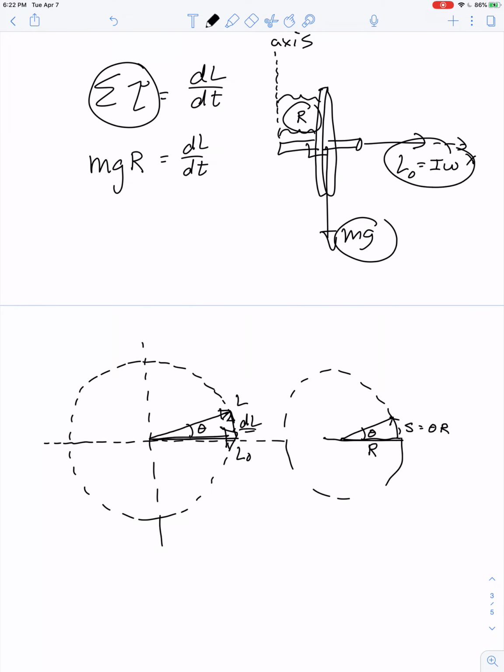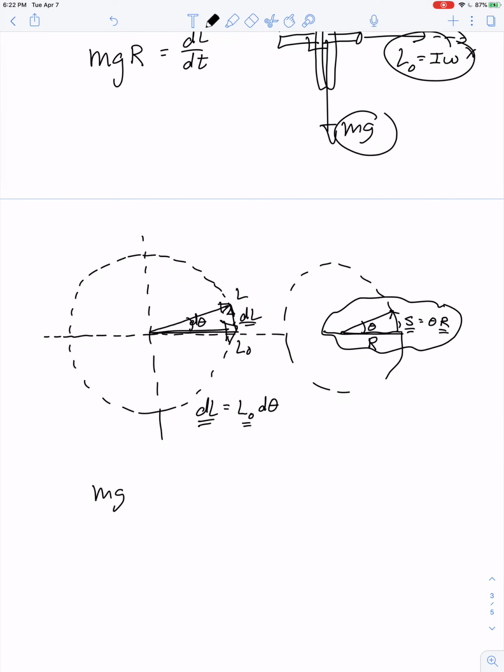I guess if this is a dL, this is a little d theta. So I think that same equation can be stated analogously as dL equals L naught d theta, right? dL is to s as r is to L naught.